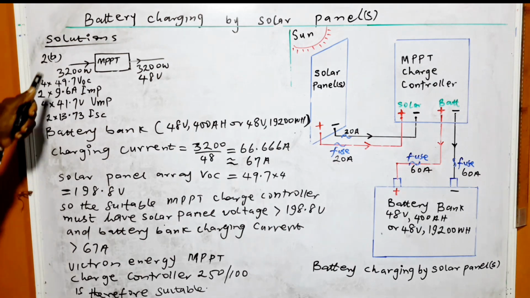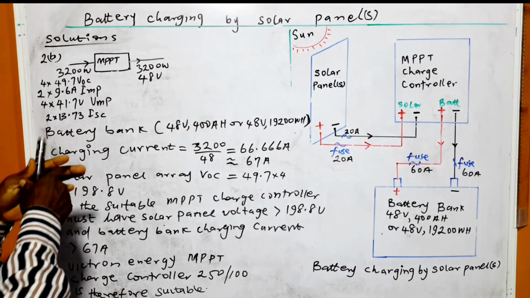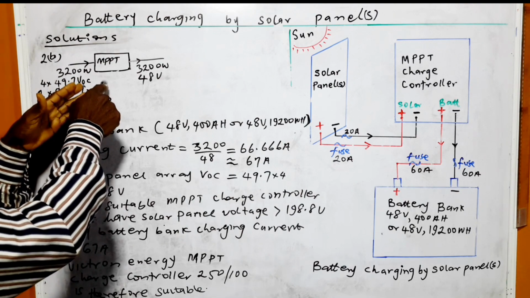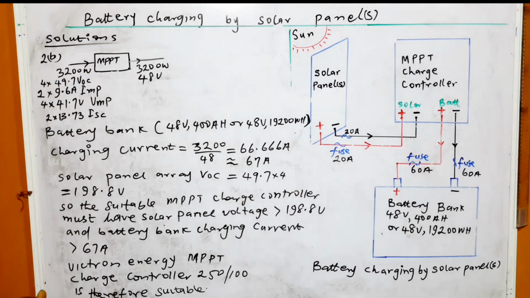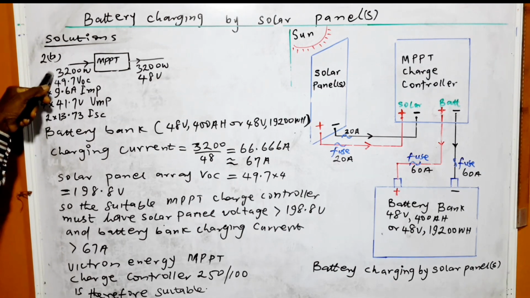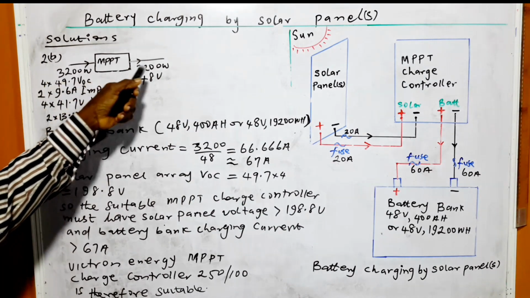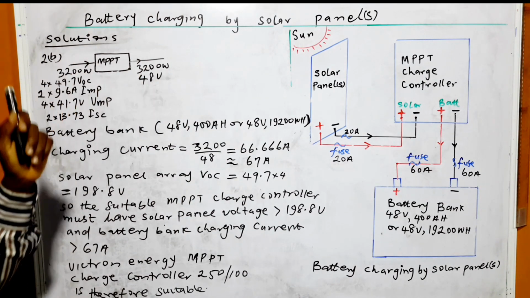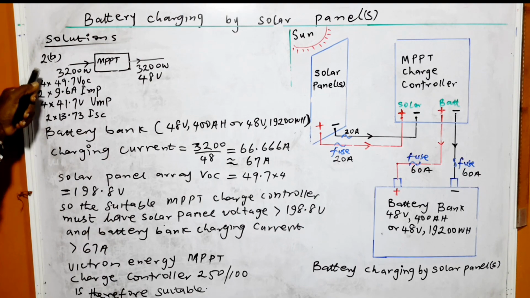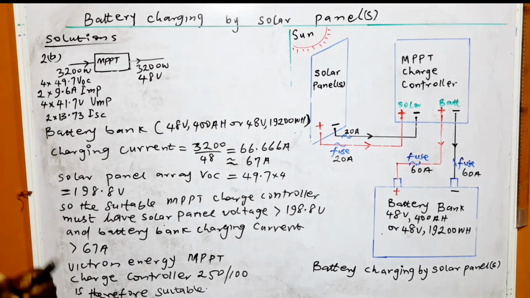Okay. Now, coming to the solution to 2B, I also said before that the MPPT charge controller behaves like a transformer. That's why the power on the solar panel side is always equal to the power on the battery charging side. So all the figures here are for the solar panel array, not for a single solar panel.